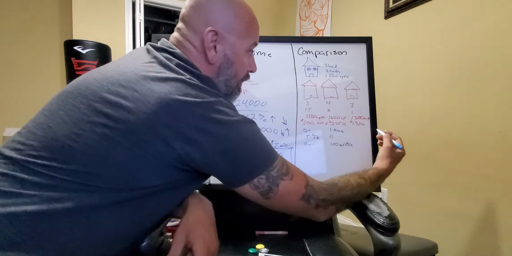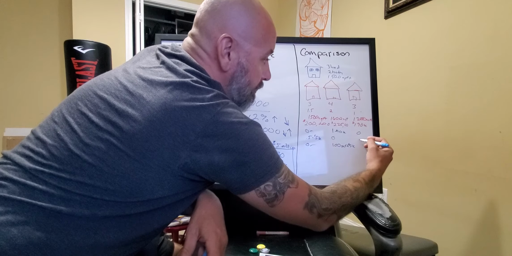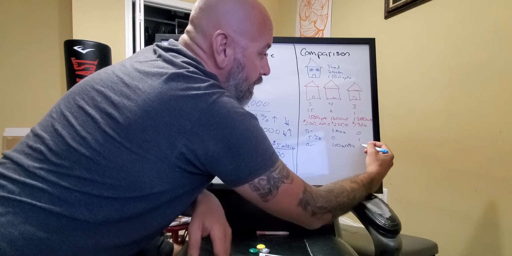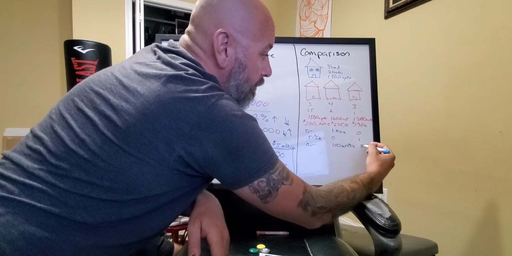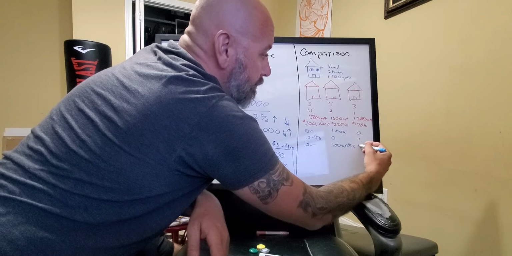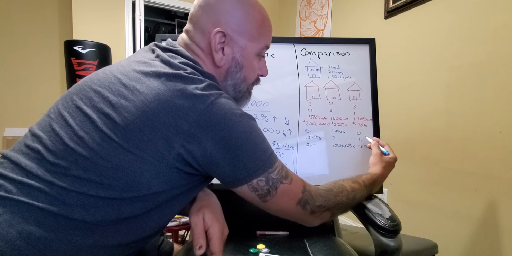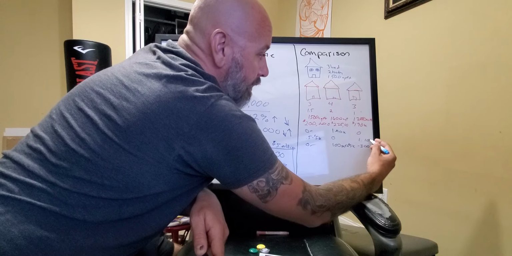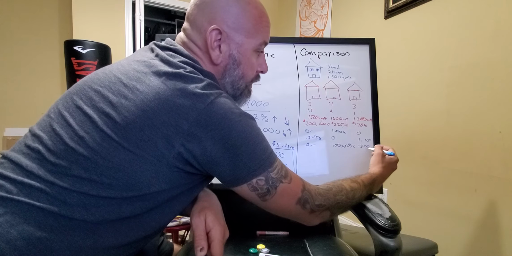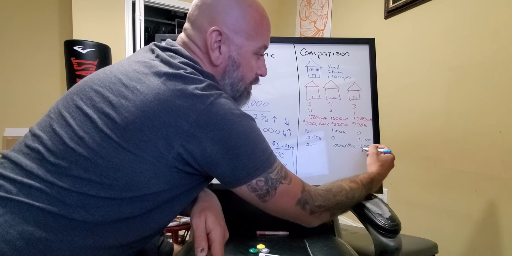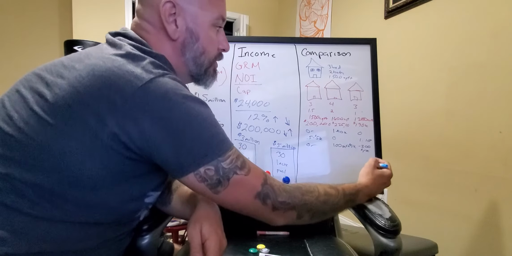Okay. Now over here we have the same bedrooms, but we have one less bathroom and 300 less square feet. All right, and we'll determine that the extra bathroom is 10K and the extra 300 square feet, 5K. I don't know. I'm just kind of making these numbers up just to show you.